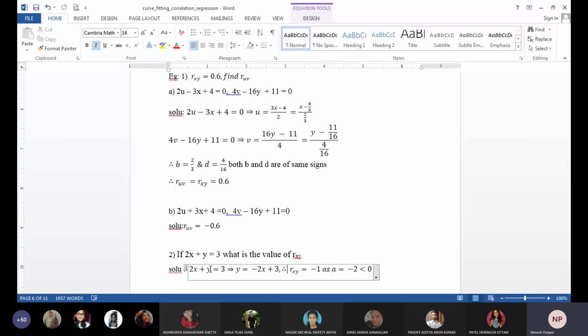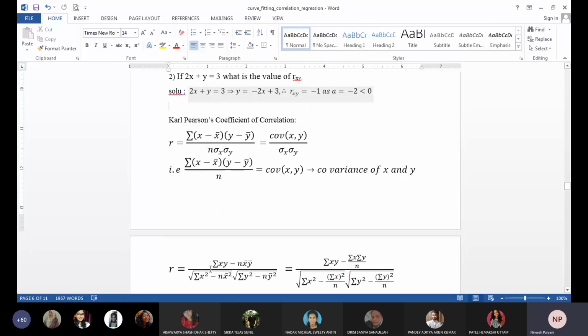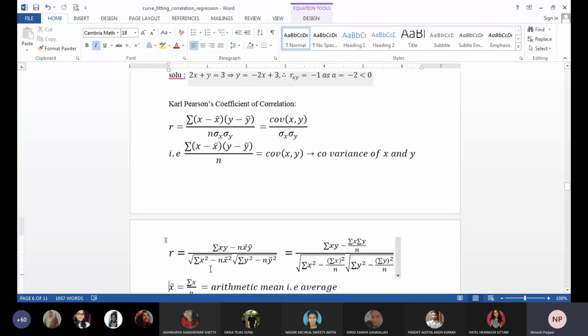Next part is basically the Karl Pearson's coefficient of correlation. So these are the formulas which you will have to remember, all the formulas.